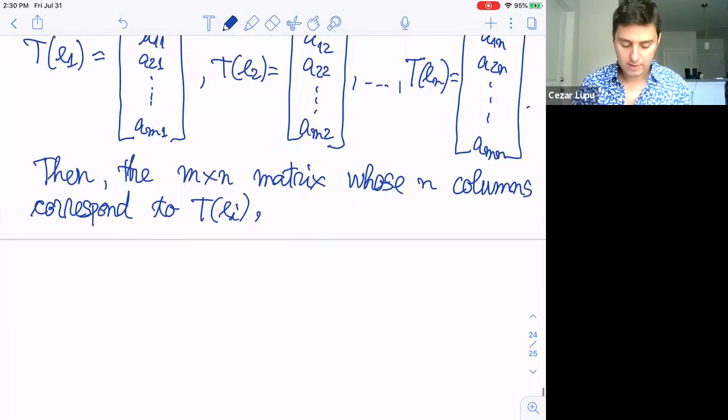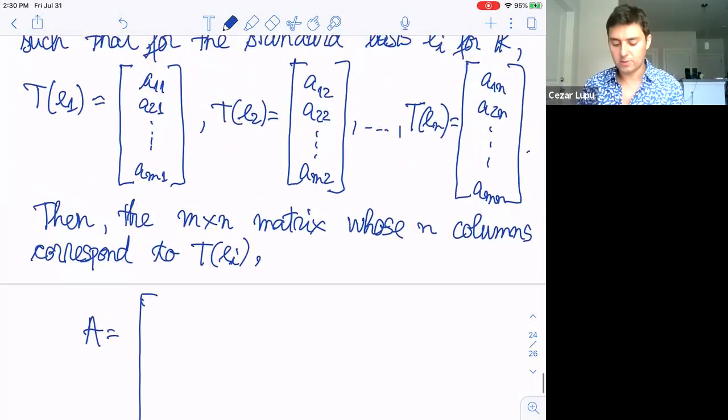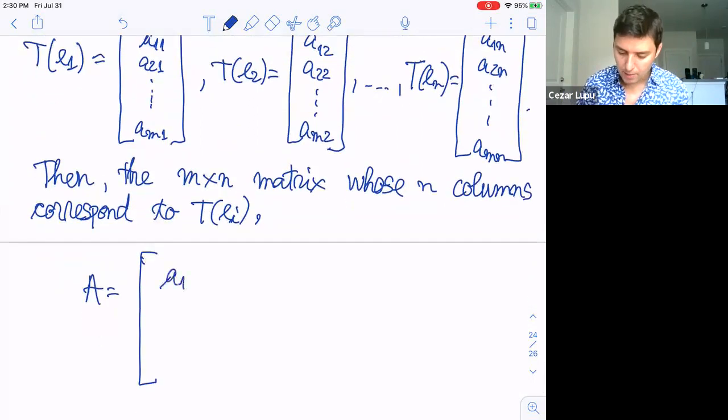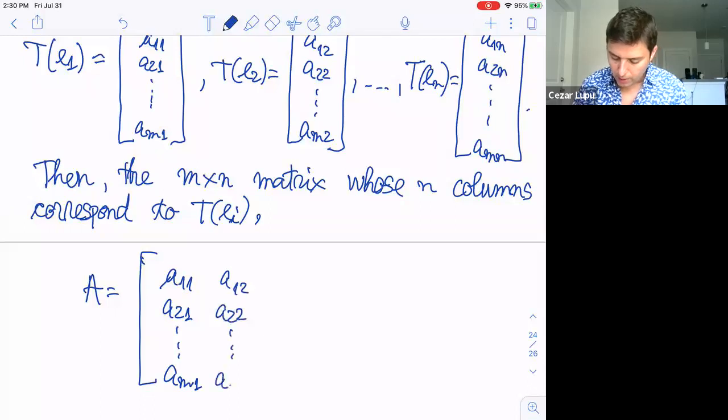And this matrix clearly is given by A. As you can see, I can just put the columns here, so let me do it: a11, a21, am1, a12, a22, all the way to am2, and this goes to a1n, a2n, amn.